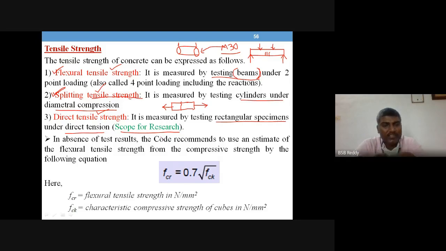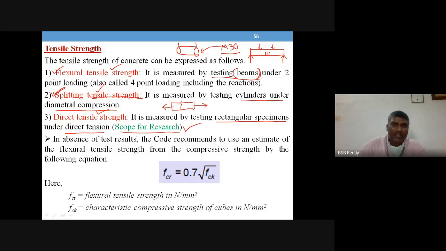And direct tensile strength is still, many of the researchers are finding their own ways of doing such tests because to pull the concrete block, you don't have a direct setup. In UTM, you have the setup for pulling the rod, the reinforcing bar, but not the concrete. So you have to devise your own test setup for that.